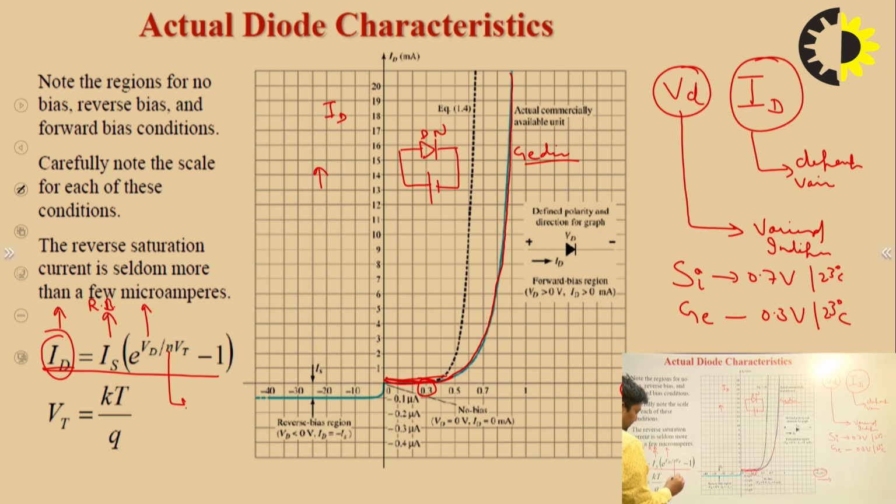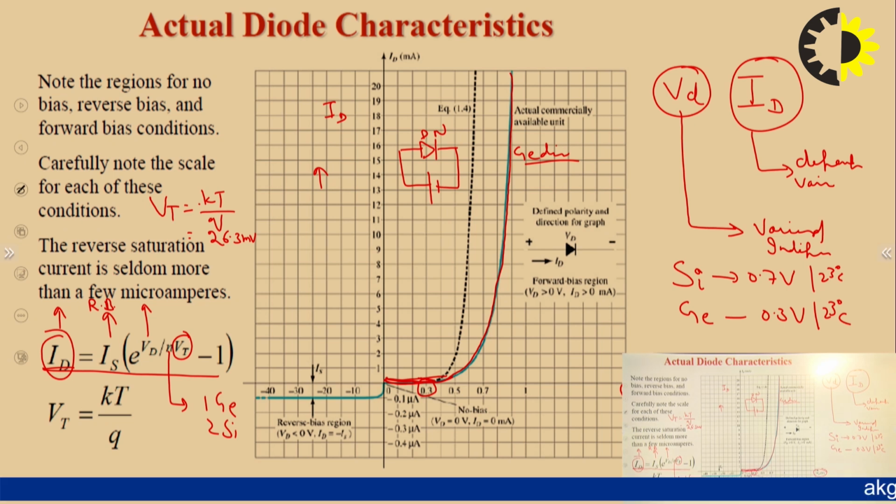Eta is the ideality factor, which is 1 for germanium and 2 for silicon, and VT is the thermal voltage, which depends upon the temperature at that instant, where VT is equal to KT upon Q, where K is the Boltzmann's constant, T is the temperature in Kelvin, and Q is the charge of the electron. VT is about 26.3 millivolt at room temperature. If we put it in, we can easily calculate the diode current at a particular voltage VD.